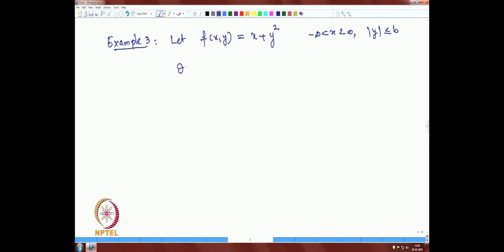Obviously, the partial derivative of f with respect to y is 2y, and the absolute value of del f by del y is equal to 2 times the absolute value of y, and y is bounded by b. So, this is less than or equal to 2 times b.